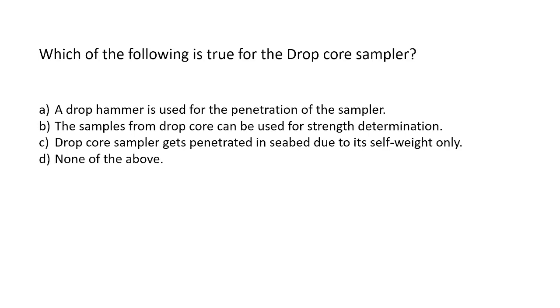Option C will be the correct one. The first option says a drop hammer is used for penetration. In this, no drop hammer is used; it is penetrated because of its self weight only. Second, the samples from the drop core can be used for strength determination. It can't be used because it gives a highly disturbed sample. So the correct answer will be C.